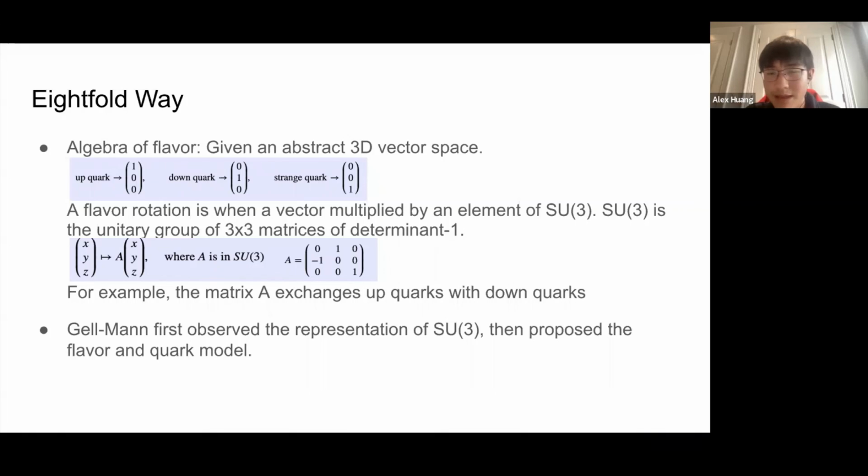Now we know it's quarks, but at that time he didn't know, but he knew it was something more fundamental and more profound. That's how he came up with the idea of proposing the quark model.